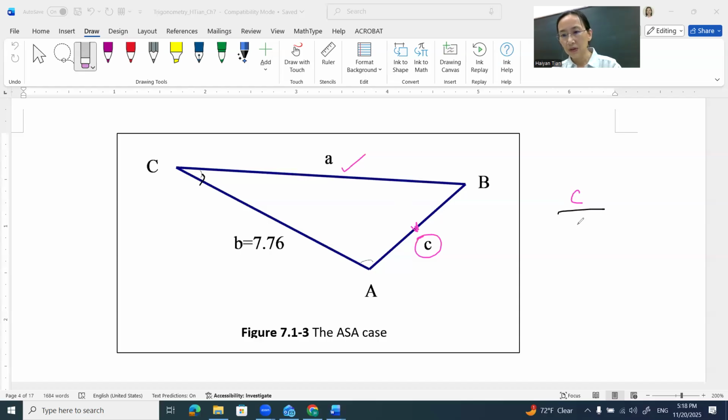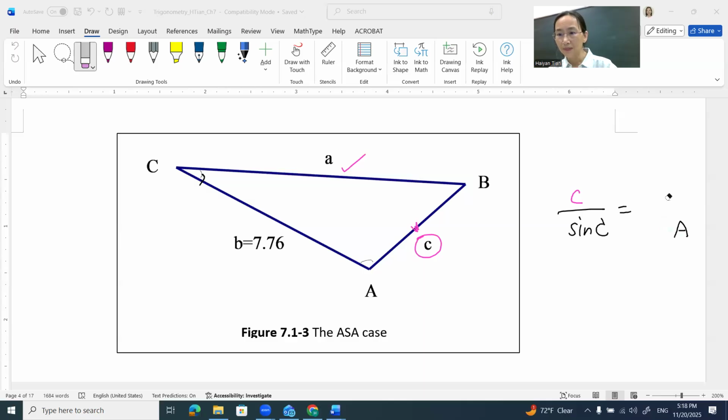So we can write c over sine capital C equals, and now we can choose either a over sine A or b over sine B. Which one do you choose? I prefer to choose b. Why? Because the a was the one we just found.